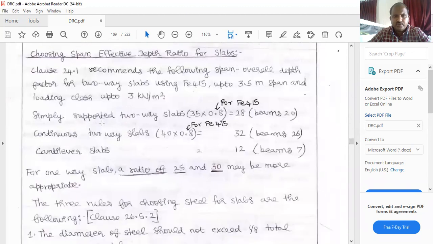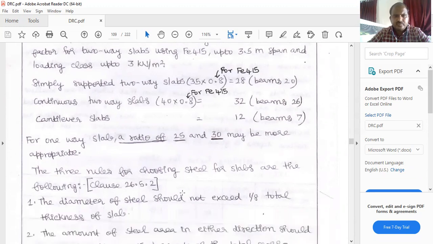For a simply supported two-way slab it is 35 into 0.8 for Fe 415; a continuous two-way slab is 32 and a cantilever slab is 12. For a one-way slab, ratios of 25 and 30 may be more appropriate.